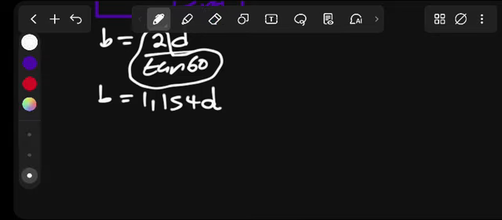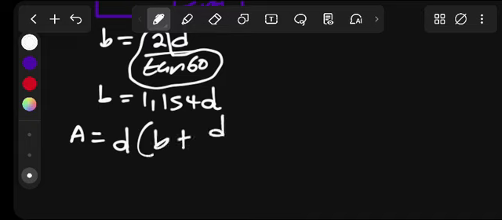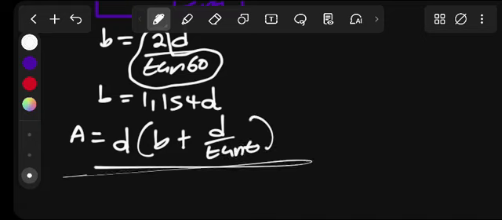Then we go to area now. After that second step, always calculate your area. The area is depth multiplied by B plus D over tan theta. You must know this equation, guys.